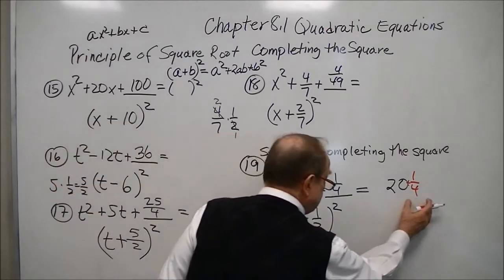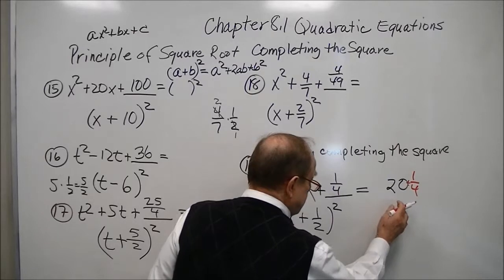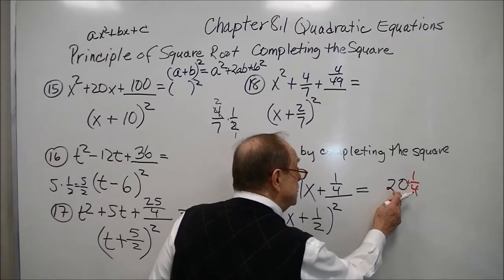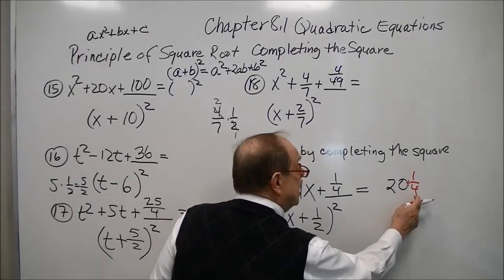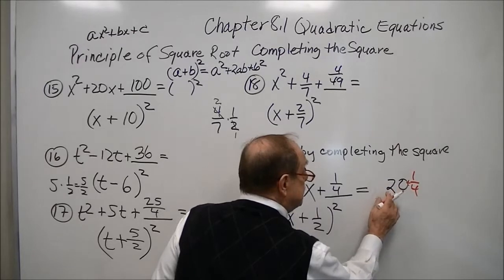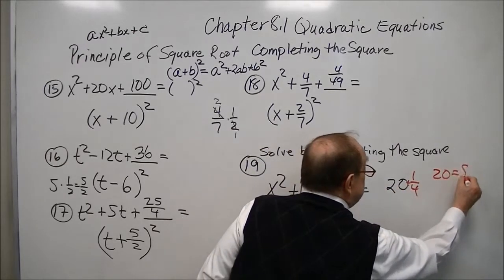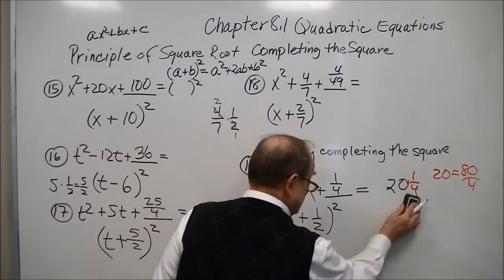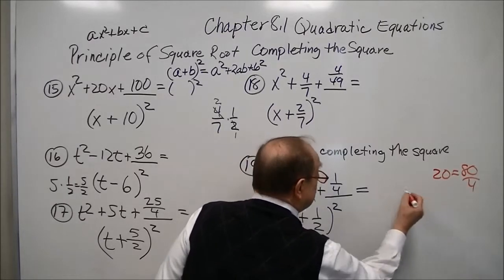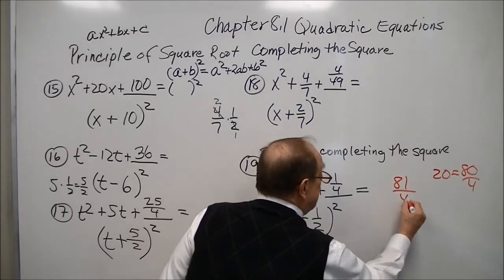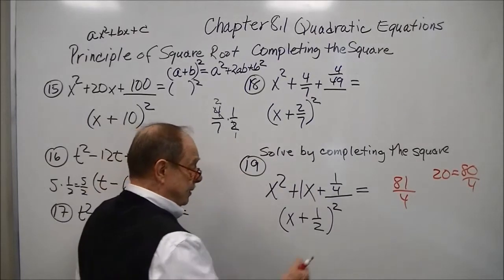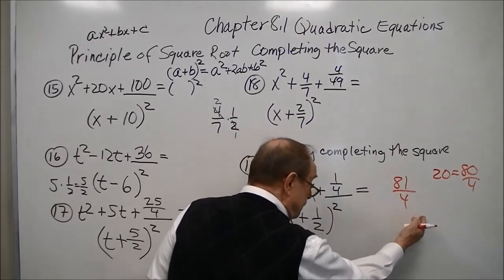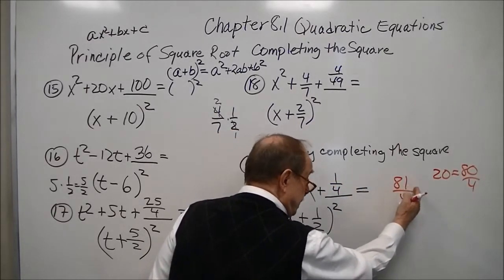And I want to keep these together, and I'm going to have to deal with fractions later, so I'm going to convert my 20 to something with a denominator of 4. So can you see that this 20 is going to be 80 over 4? So I'm going to do that. In fact, I'm going to add the 1 to it, so I get 81 over 4 now. So again, there was a 20 there originally, and I'm adding 1/4 to it, and I now get 81 over 4.